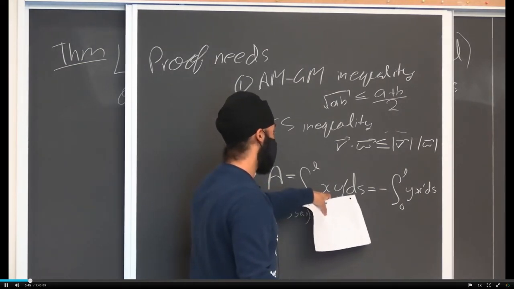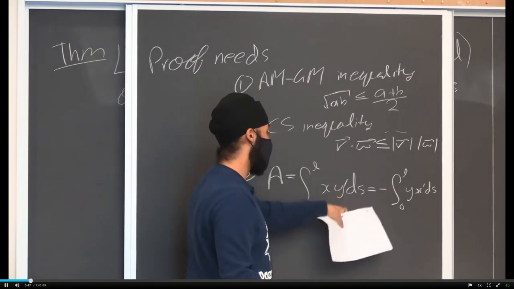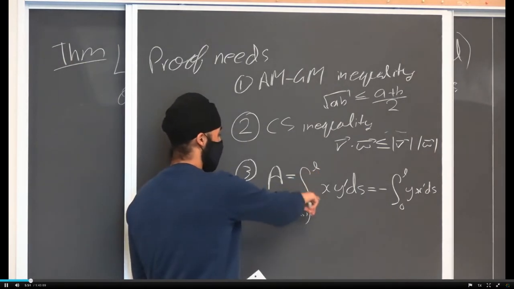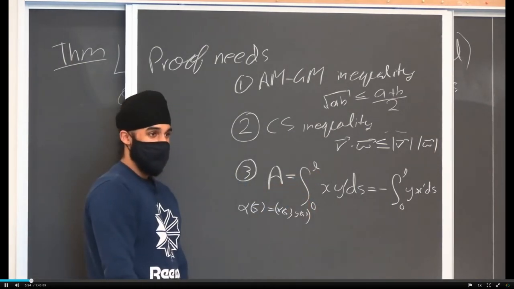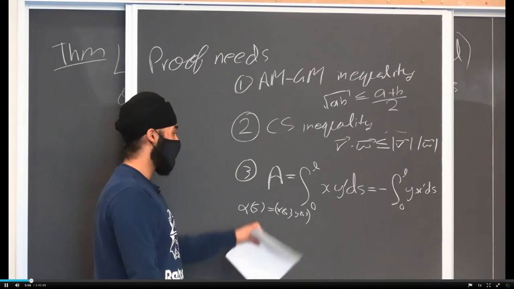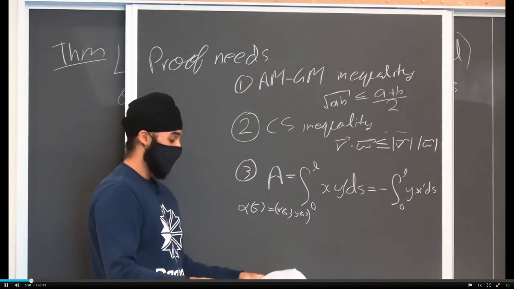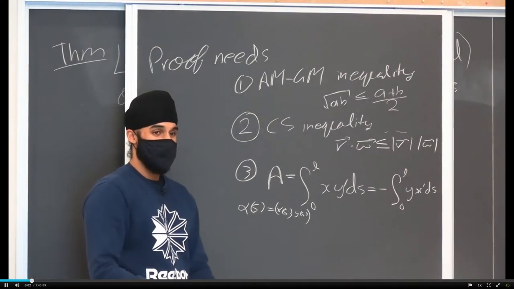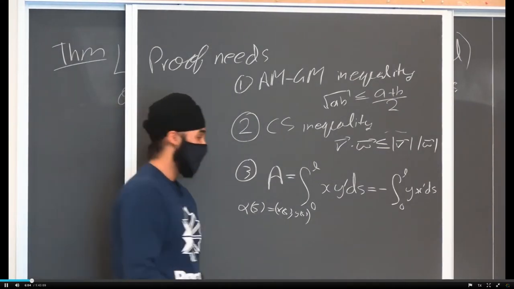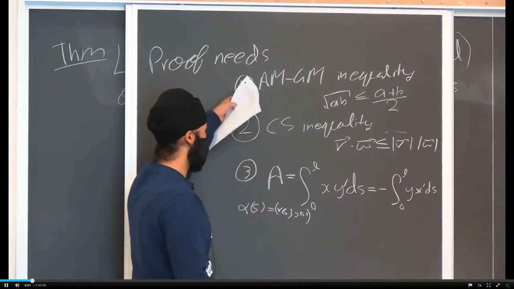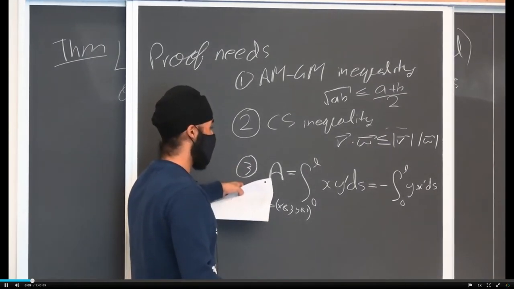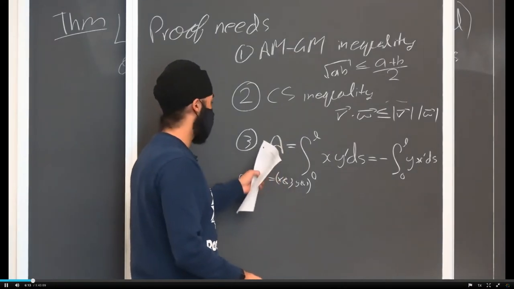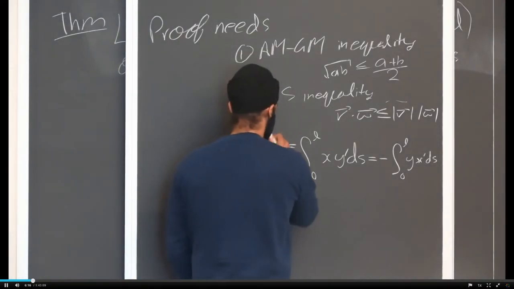If we take x times the derivative of y with respect to s, and we integrate over 0 to L, that's going to give us the area. We could just take this as a definition of area, but I feel like I should prove it because it uses Green's Theorem, which we have seen in B42. So these two I think we all agree on. This one is not obvious, at least for me it wasn't obvious, so I'll show how to get this formula.